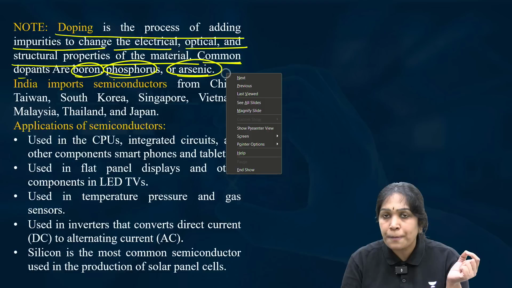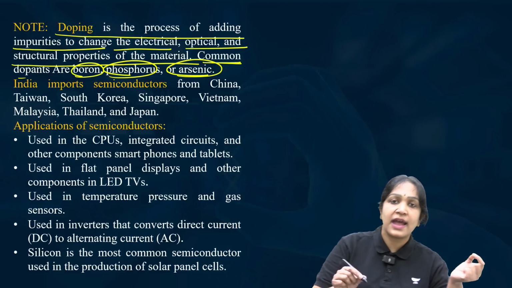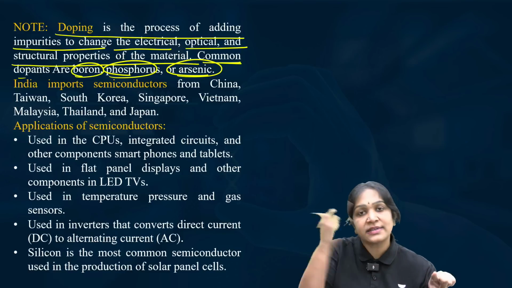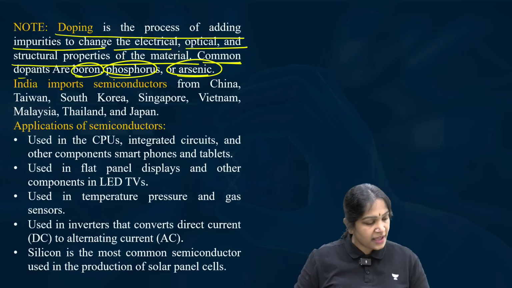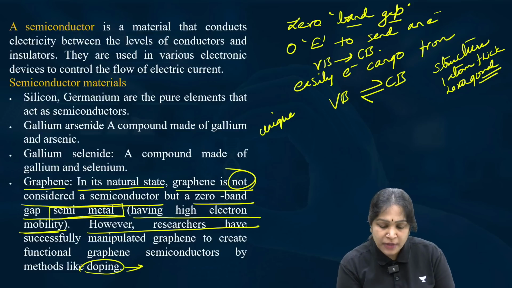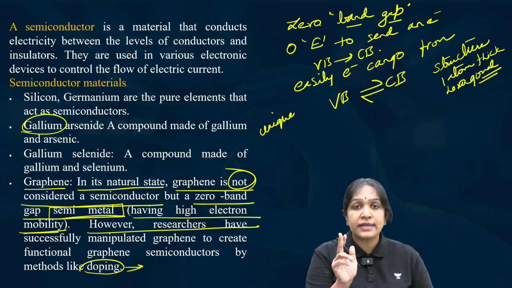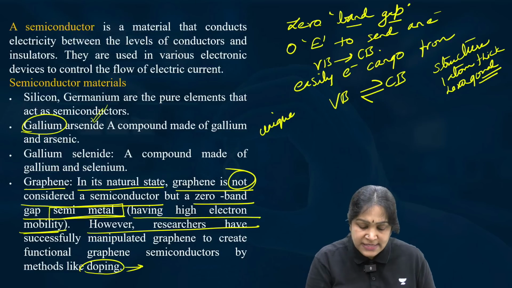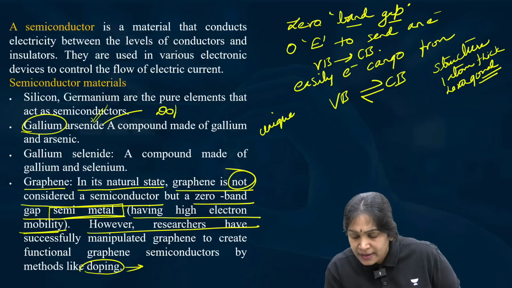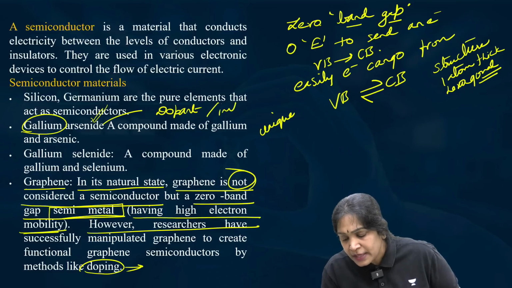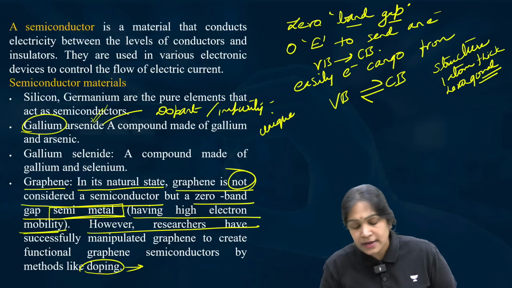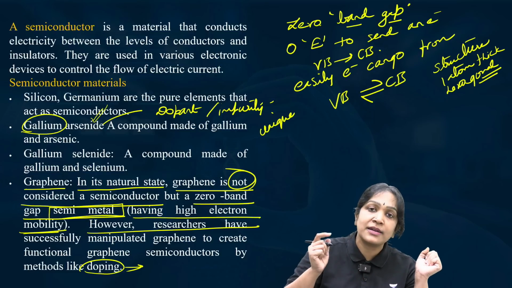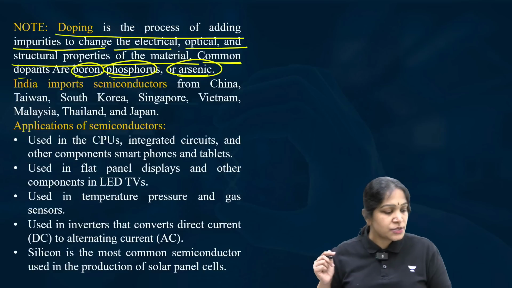These are the impurities we can add. If you add them, a material which is not a semiconductor will become a semiconductor. For example, gallium is not a semiconductor. But when you add arsenic to it, what is arsenic here? Dopant. What is a dopant? Impurity. Gallium is not a semiconductor, but if you add arsenic to it, it will become a semiconductor. Those are called dopants.